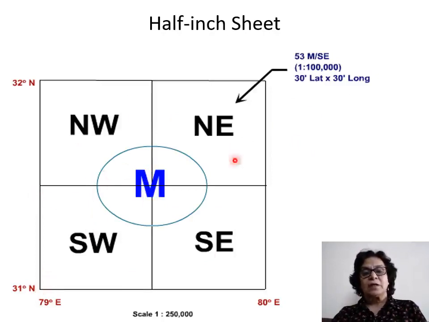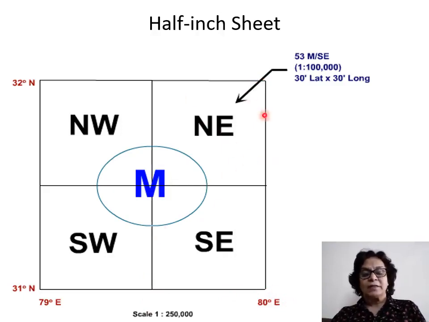If you look at 53M by southeast, the latitudinal extent is 31 degrees to 31 degrees 30 minutes, and the longitude is 79 degrees 30 minutes to 80 degrees east.